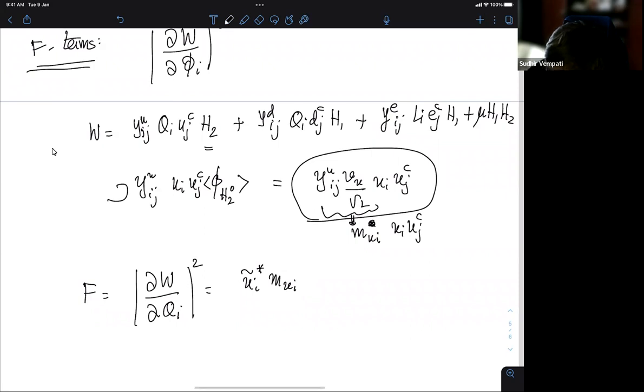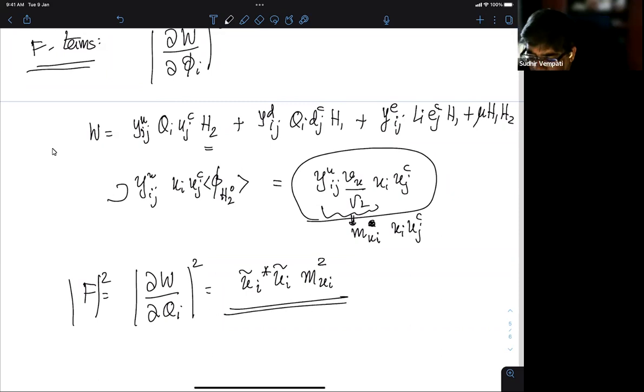So if you take a square, mod square, this is F square, it will give me, if I take a square of this one, U_I tilde star U_I tilde, M_UI square. So this term comes from this term essentially. Okay.